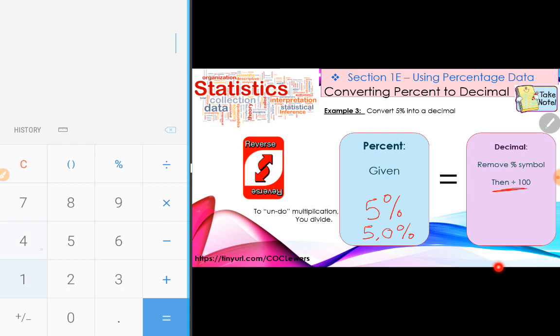I'm going to clear my calculator, do 5, remove the percent sign, and divide by 100. And I get 0.05 for my decimal. So if we just divide by 100, then we don't have to worry about moving the decimal the right or the wrong way. That's one tip. If you feel very confident in moving the decimal, then go right ahead.